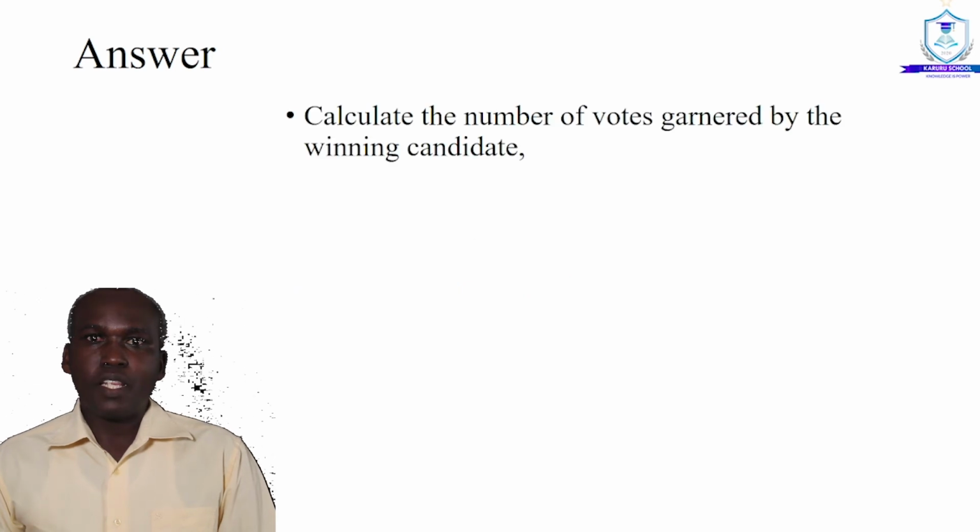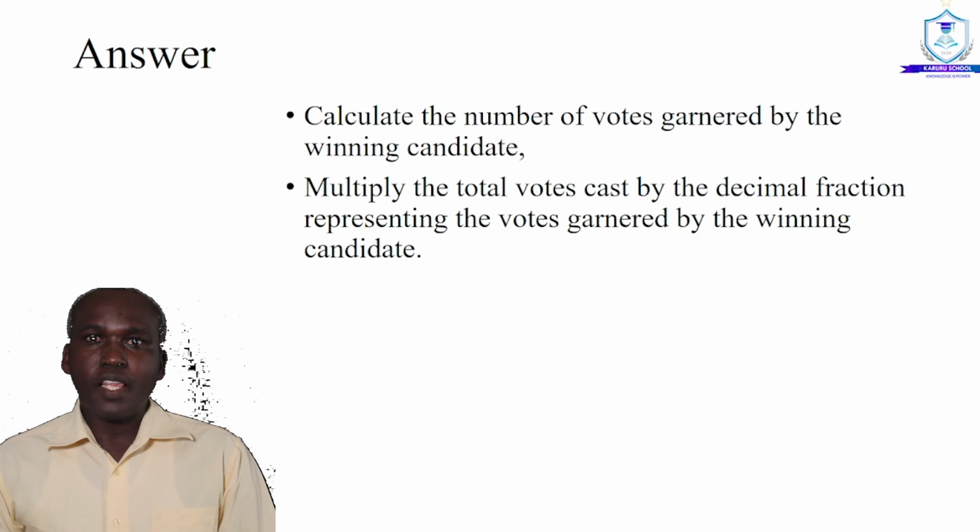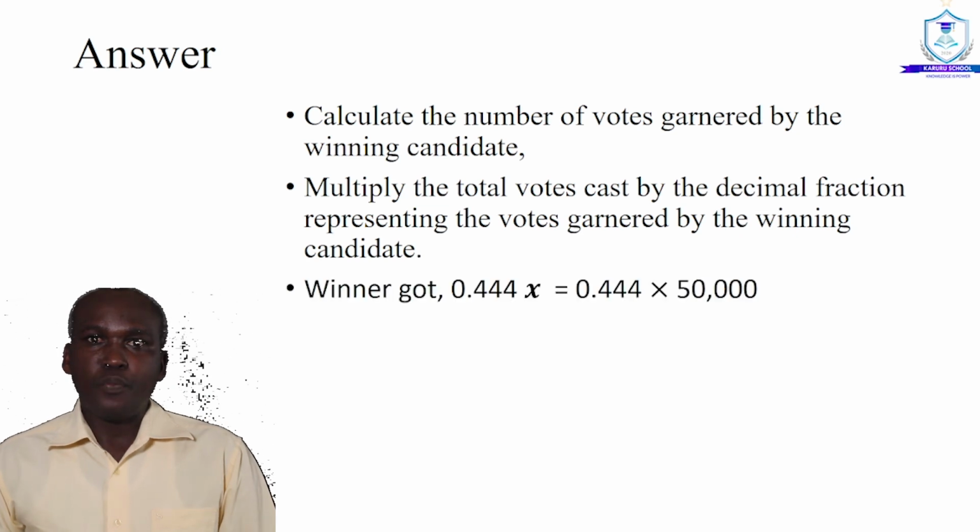To calculate the number of votes garnered by the winning candidate, multiply the total votes cast by the decimal fraction representing the votes garnered by the winning candidate. This becomes 0.444x equals 0.444 multiplied by the value of x, which is 50,000.